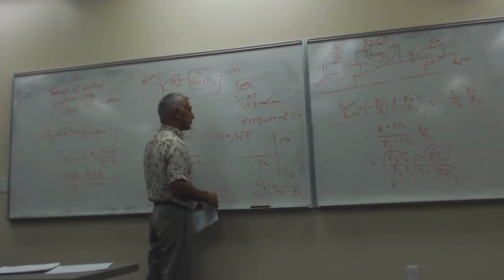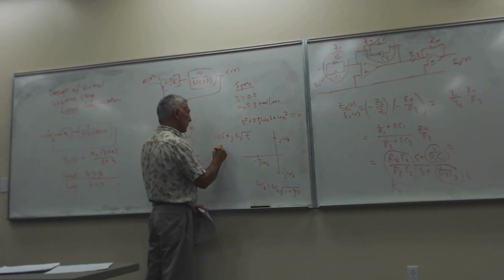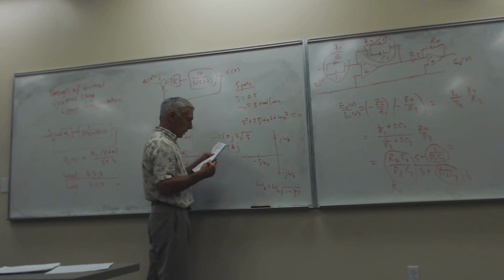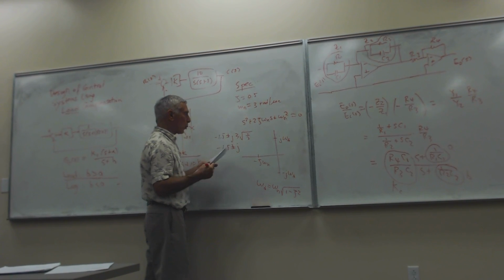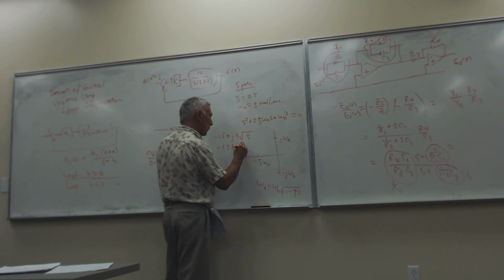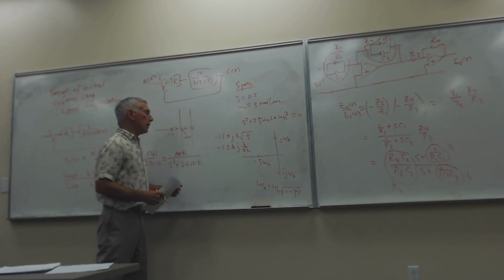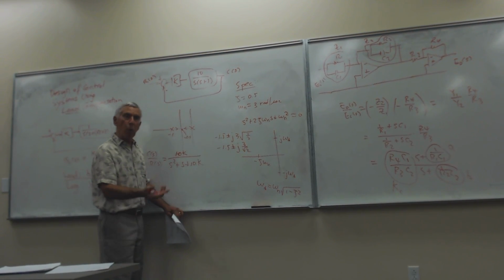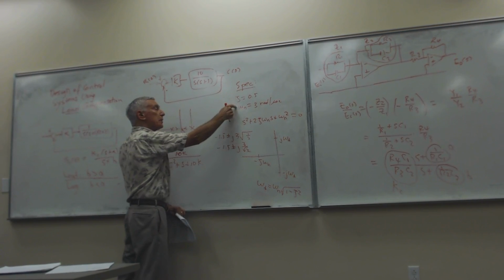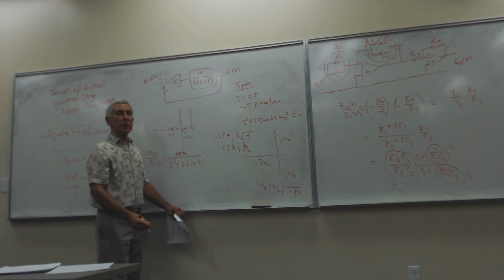So that is minus 1.5 plus and minus j, whatever it is, 3 over square root 2. Okay, so that's it. These are the desired closed loop transfer function poles to satisfy these two specifications.